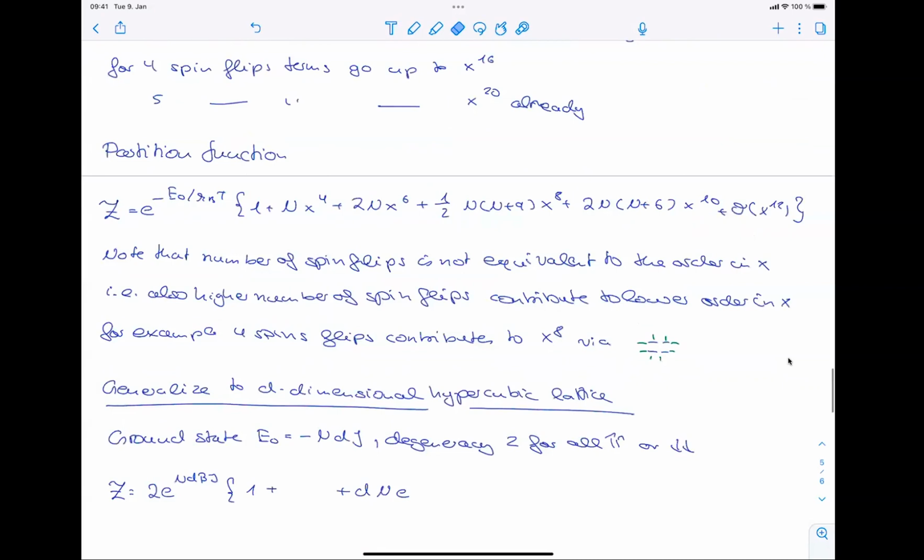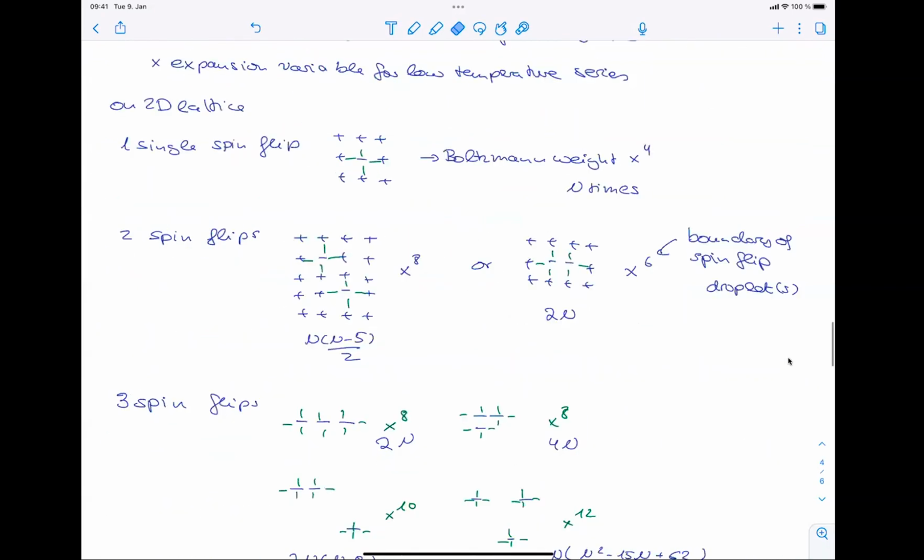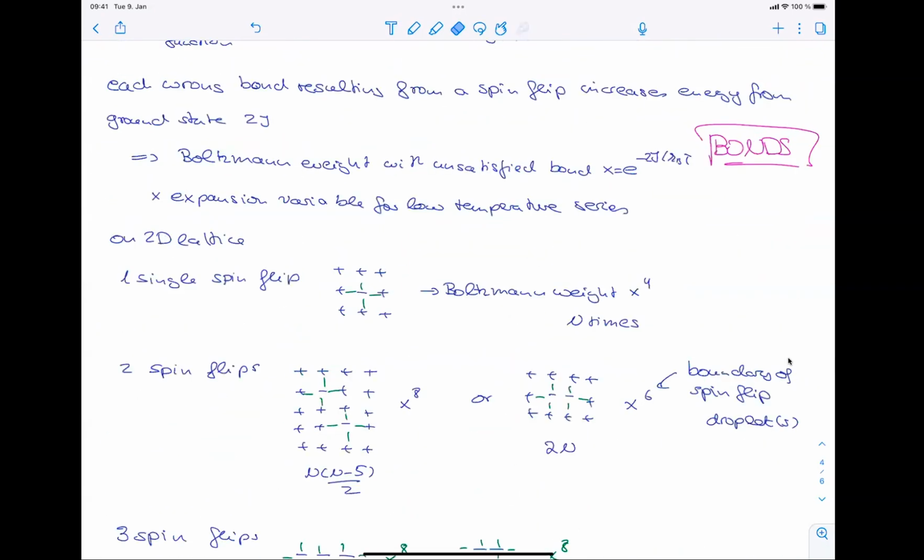So here, what we do is we have the amount of unsatisfied bonds. For the two-dimensional Ising model, we defined this expansion variable x. But we can also just look at how this cost J depends on the dimensions and how many bonds I change.